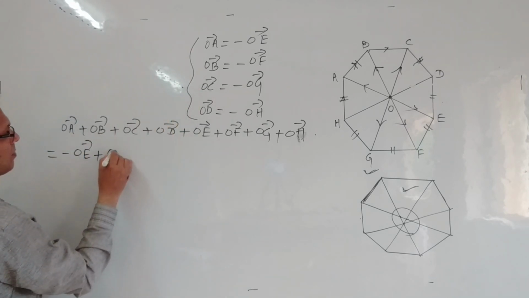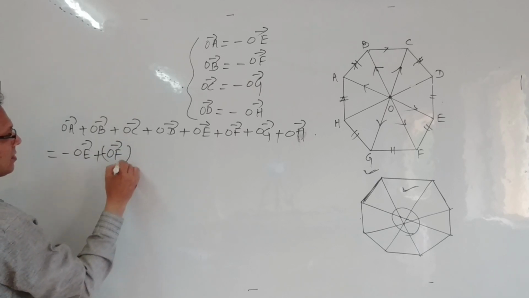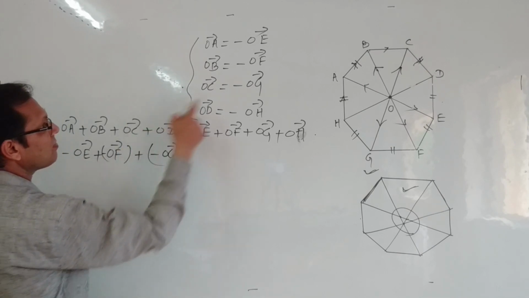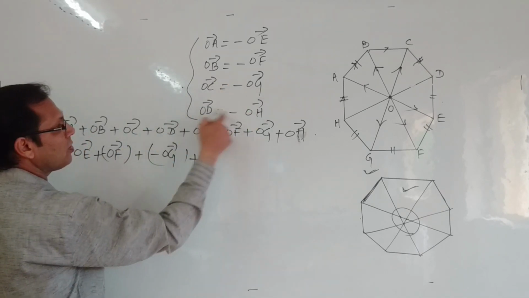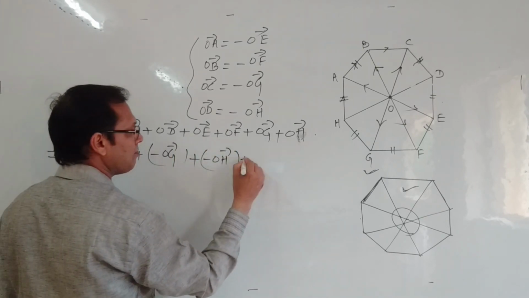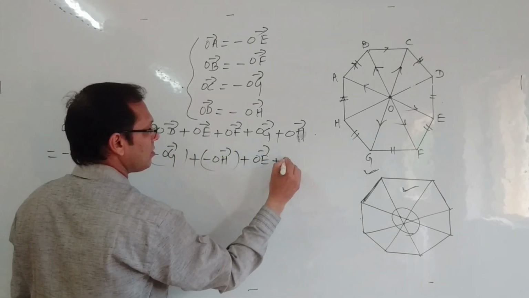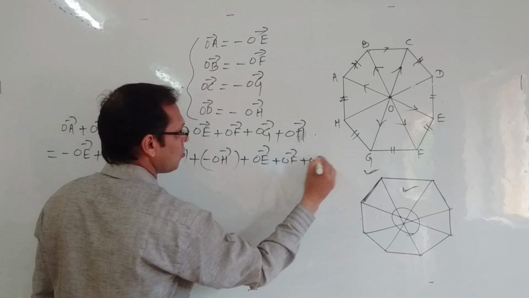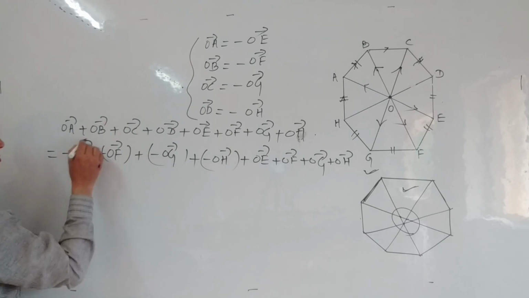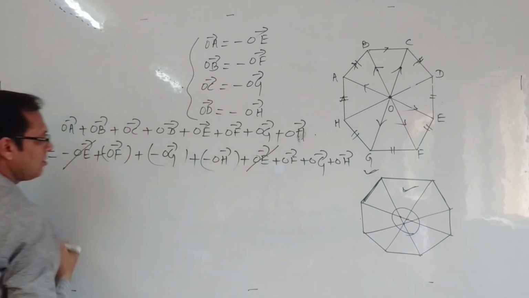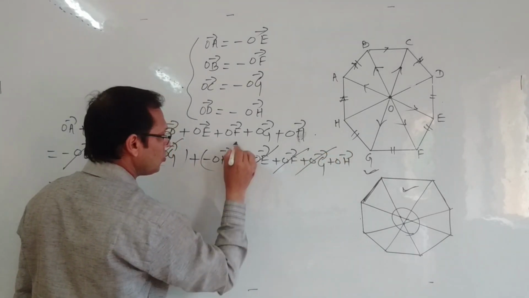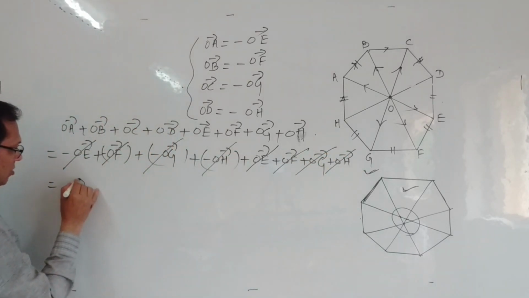OB vector can be replaced by minus OF vector, plus minus OG vector, since OC vector is equal to minus OG vector, OD vector is equal to minus OH vector, and keep the rest the same: OE vector plus OF vector plus OG vector plus OH vector. Now OE vector minus OE vector, all these cancel. We are left with only the 0 vector.